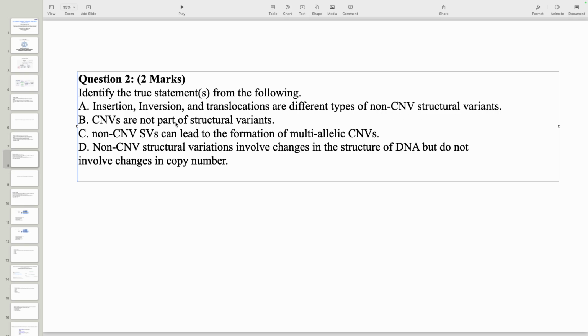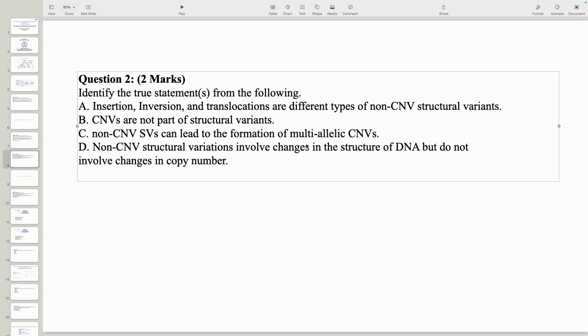B, CNVs are not part of structural variants, which is not correct. CNVs are part of structural variants. C, Non-CNV SVs can lead to the formation of multi-allelic CNVs. Non-CNV SVs do not lead to the formation of multi-allelic CNVs.